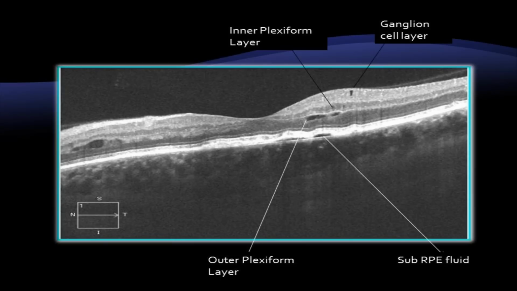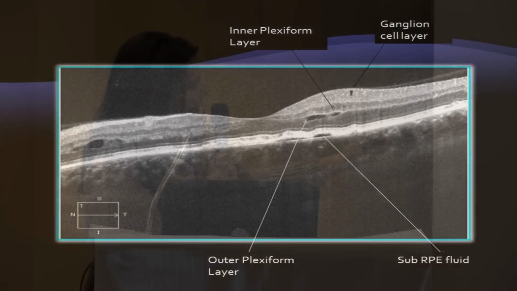And this is where I'm going to demonstrate how dynamic this machine is. These are just subtle changes within the retina. This eye is actually a 20/20 eye, although I just want to show you the very subtle changes within the retina layers. You get a lot of information out of there.